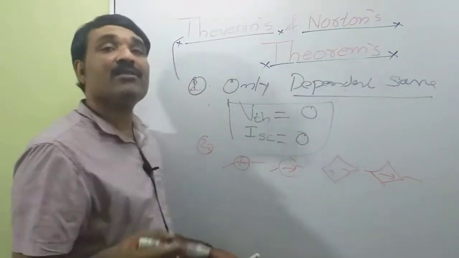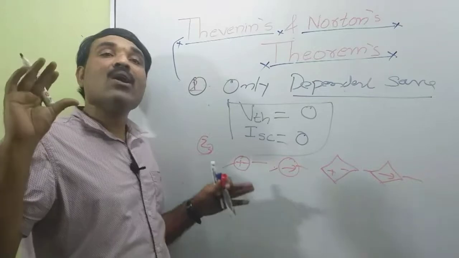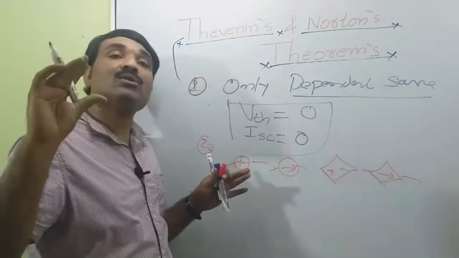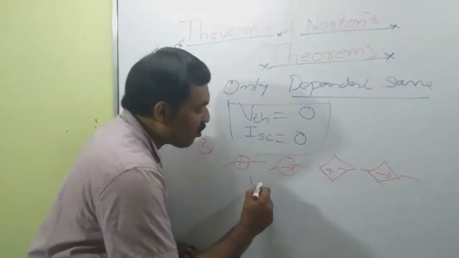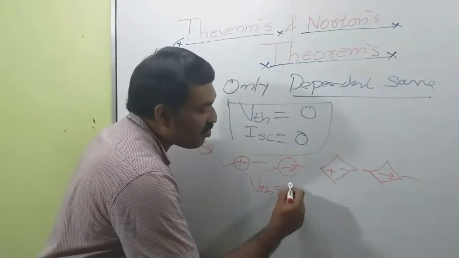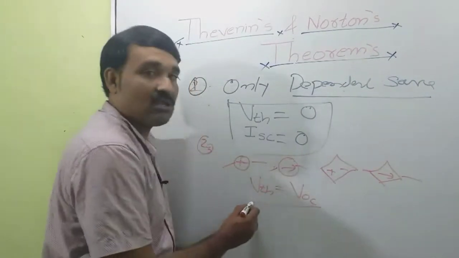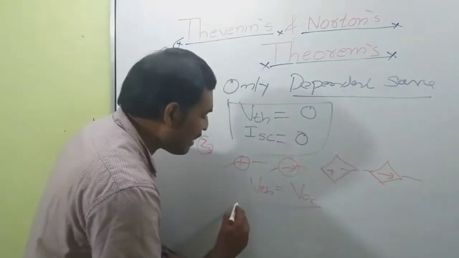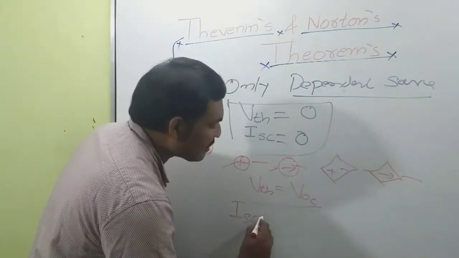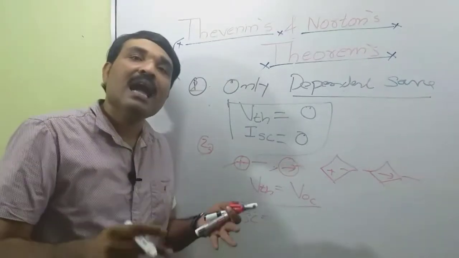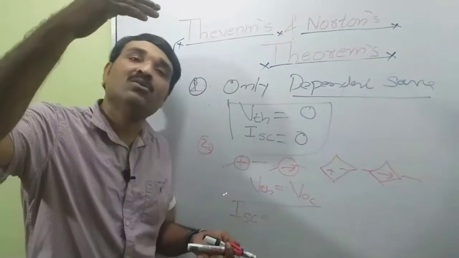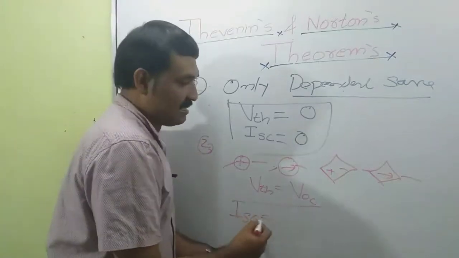Okay, now what we have to do is calculate the open circuit voltage across the load terminal, that is, the Thevenin's equivalent voltage. So calculate VTH, which is equal to the open circuit voltage across the load terminal, and calculate ISC, the short circuit current through the load. Short circuit the load and obtain the current passing through that short circuit path, that is ISC.